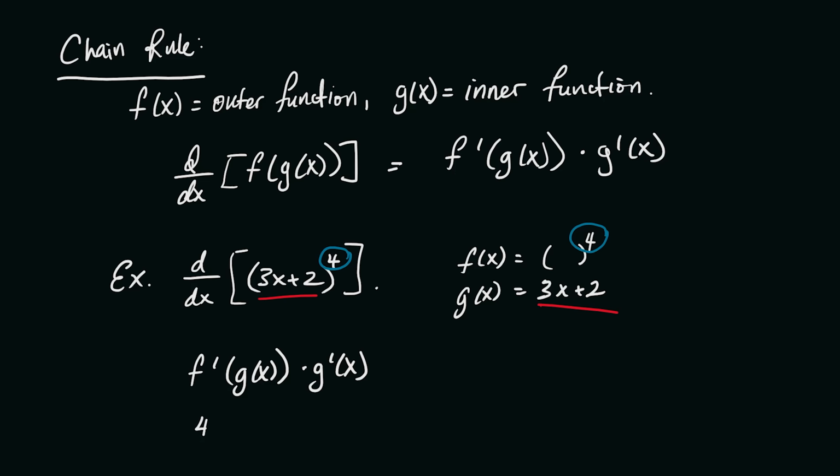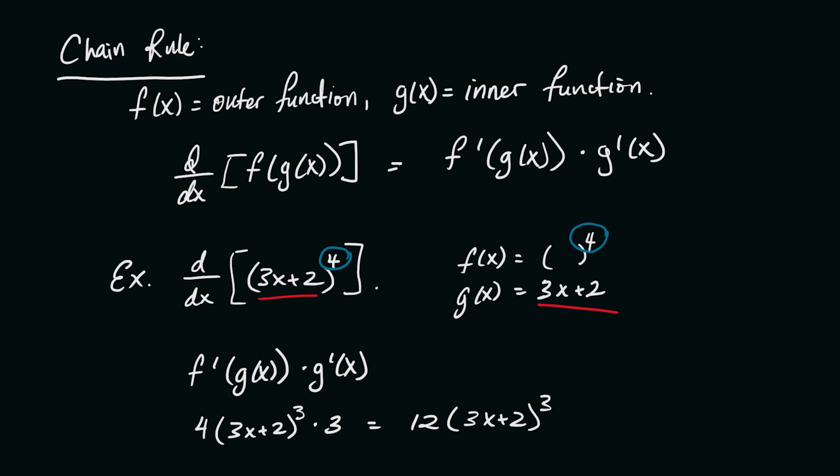So 4 times the inner function, 3x plus 2 to the cubed, times the derivative of g of x, which is just 3. And that simplifies to 12 times 3x plus 2 to the 3rd power.